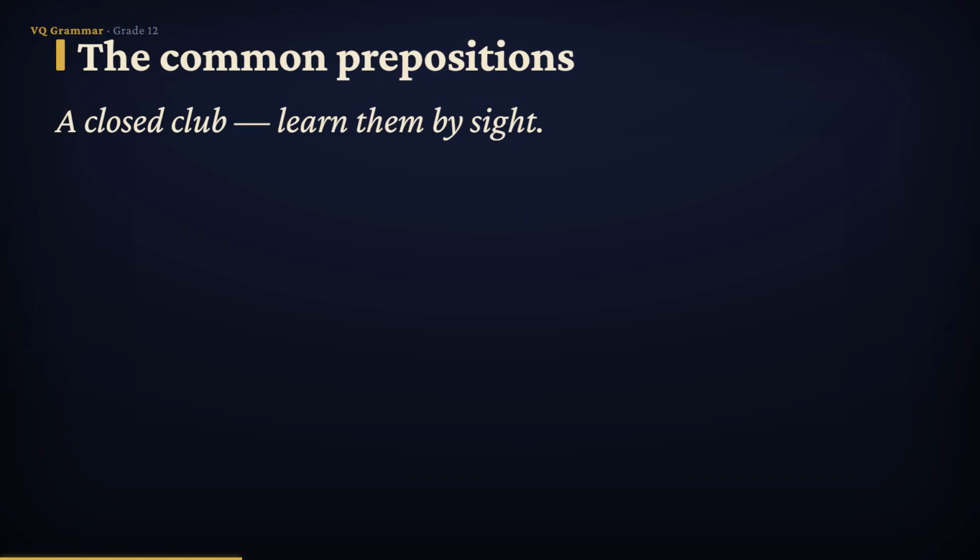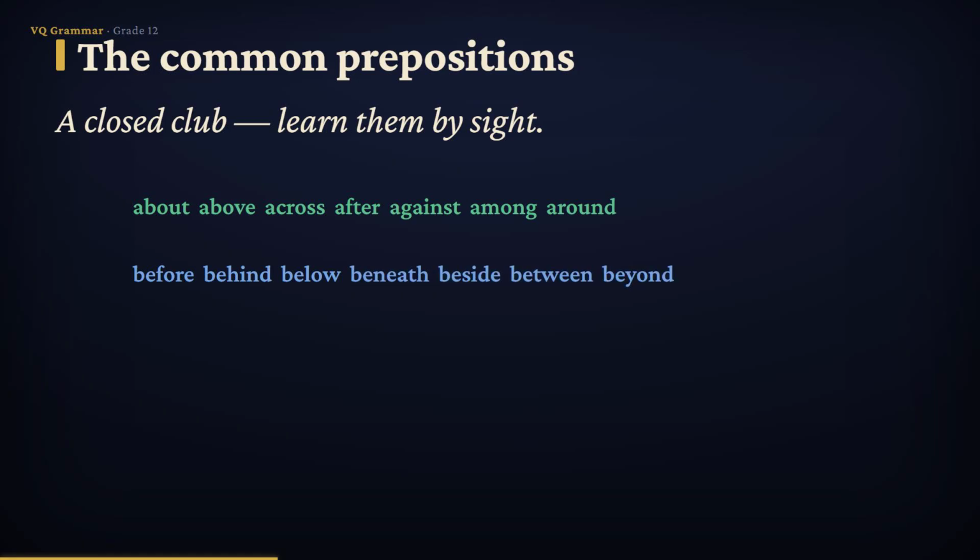Prepositions belong to what we call a closed club. There are only so many of them, and new ones almost never join. So it truly pays to know them by sight. Here's a first batch. About, above, across, after, against, among, around. Another. Before, behind, below, beneath, beside, between, beyond. Keep going.